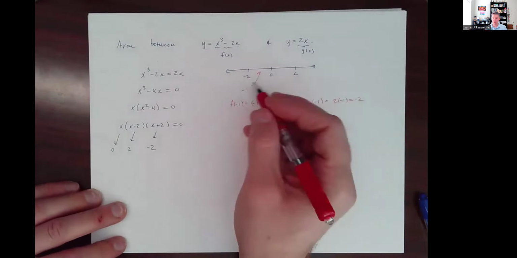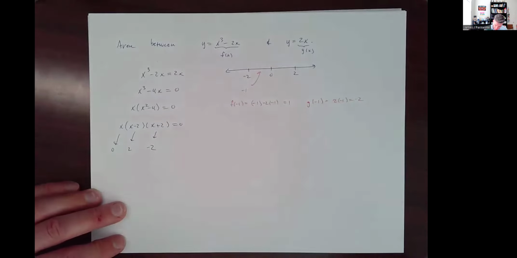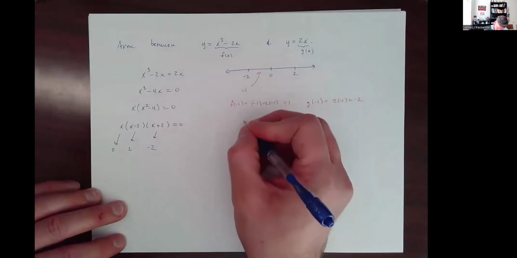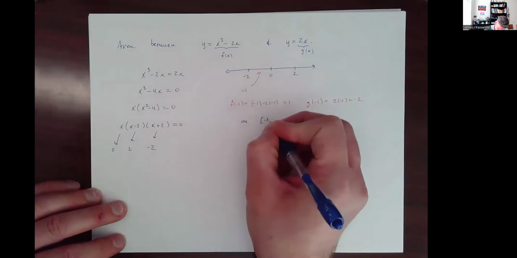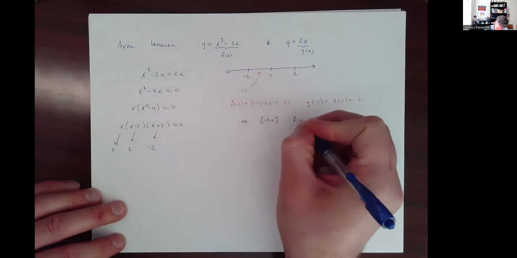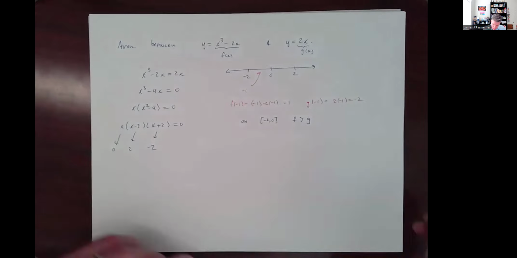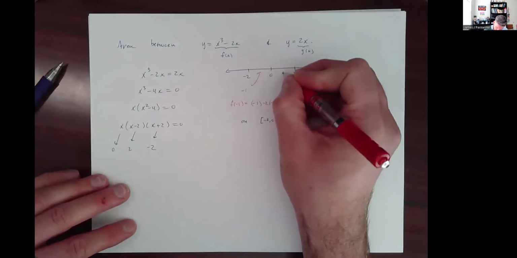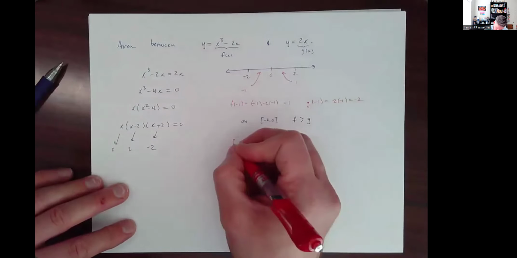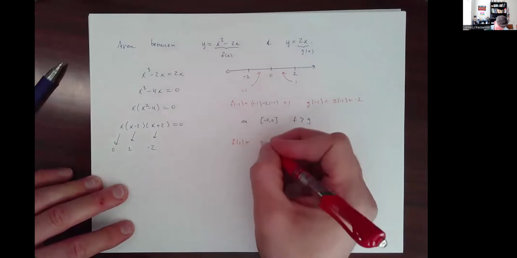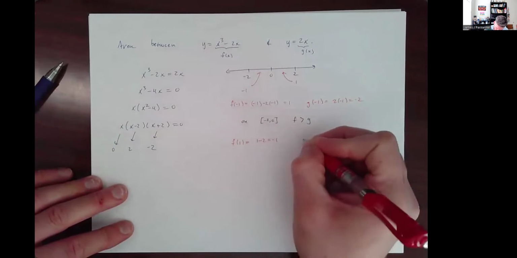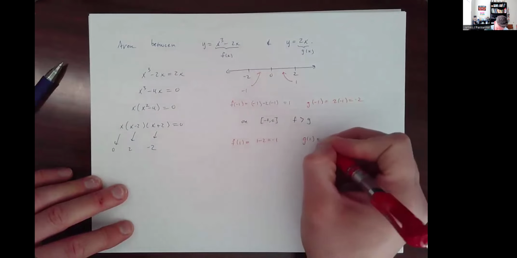So on the interval from -2 to 0, the function f is bigger than the function g. On the other hand, on the interval from 0 to 2, if I plug in, say, 1, f of 1 is 1 minus 2, which is -1, and g of 1 is 2 times 1, which is 2.